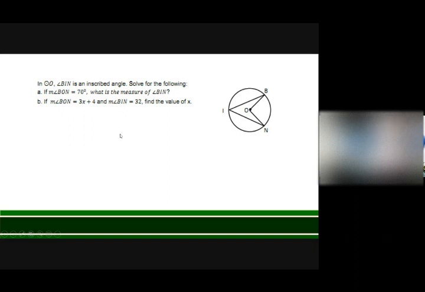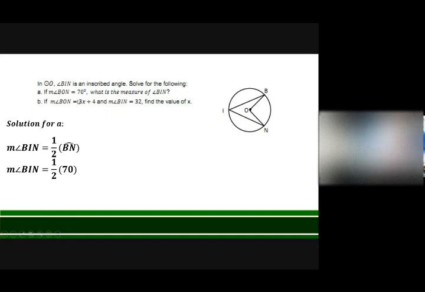So, try natin siya. Let us solve for the first question. Yung angle BIN o yung inscribed angle BIN ay 1/2 ng arc BN. Okay? So, 1/2 daw siya ng arc BN. Saan natin kinuha yung arc BN? Yung arc BN natin, siya yung intercepted arc ng central angle BON.